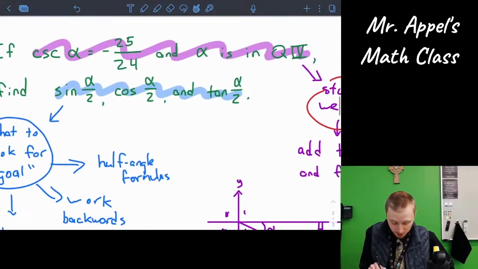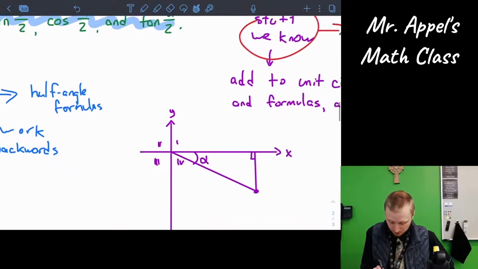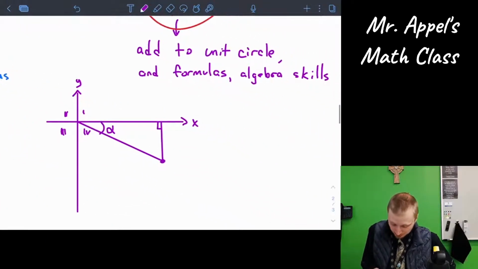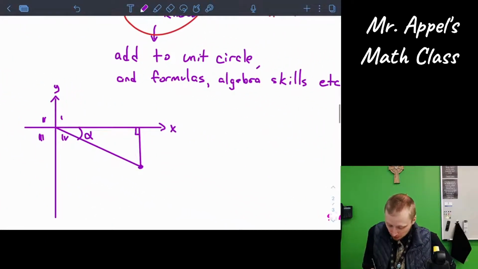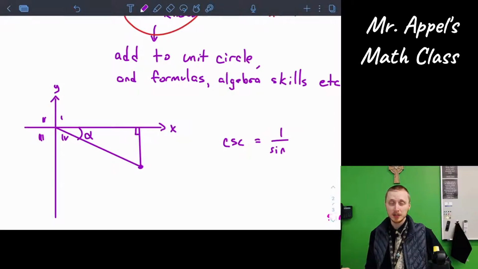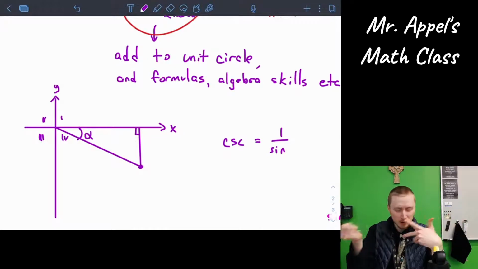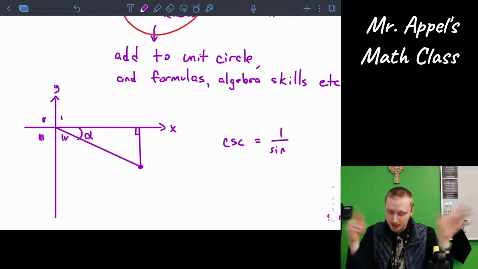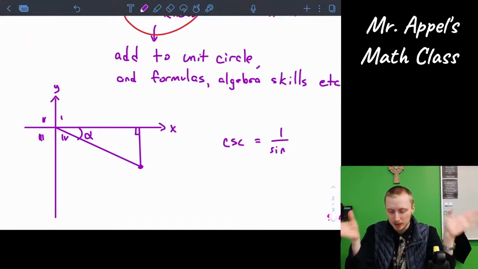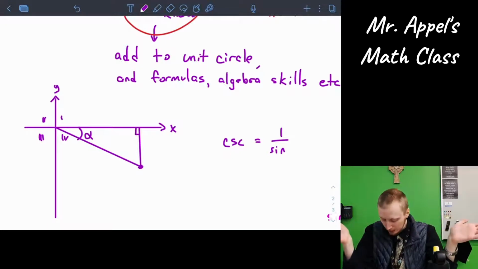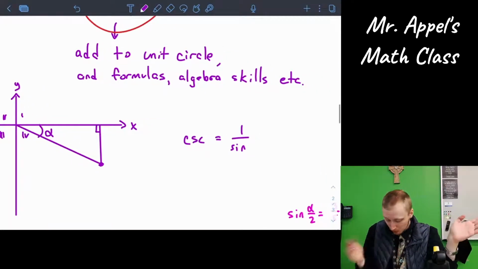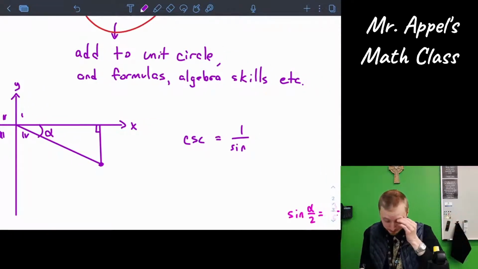Now, what do we know about cosecant? I don't remember cosecant. That's not in SOHCAHTOA. But I know that cosecant is 1 over sine, right? Because when it comes to the secants, the cos do not go together. That was just one of those rules that it didn't work out quite as nicely sounding as you would like. So the co doesn't go with the other co. So cosecant goes with sine.